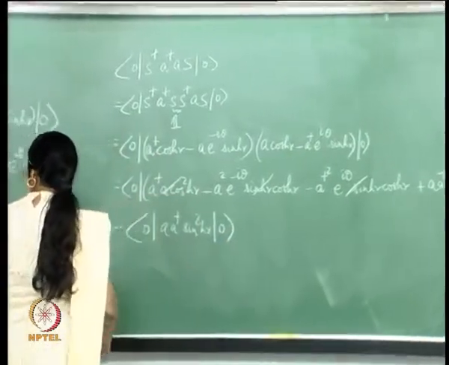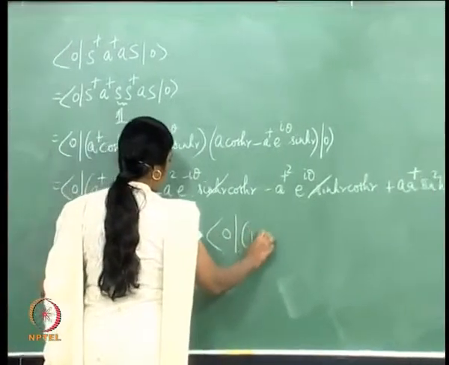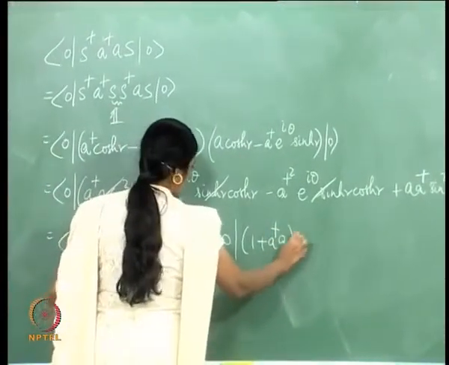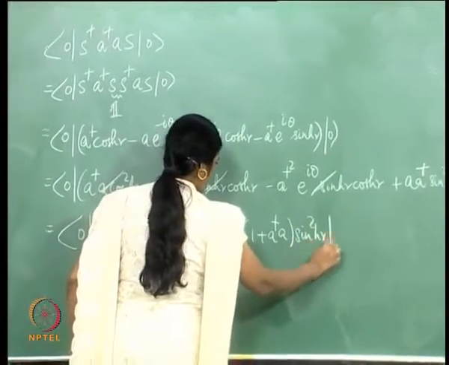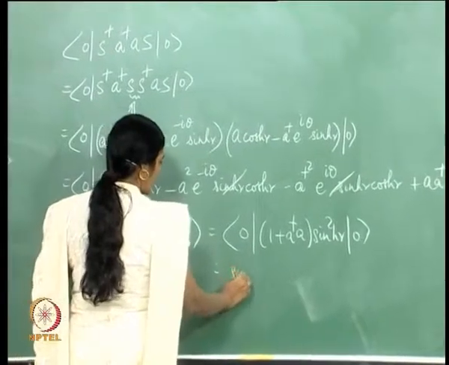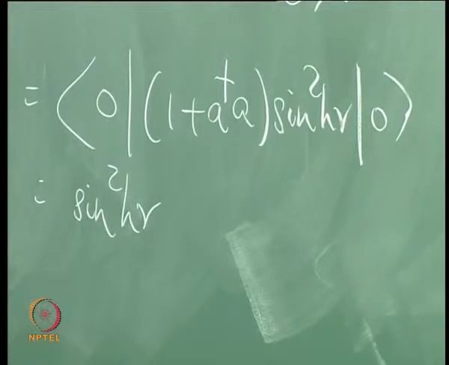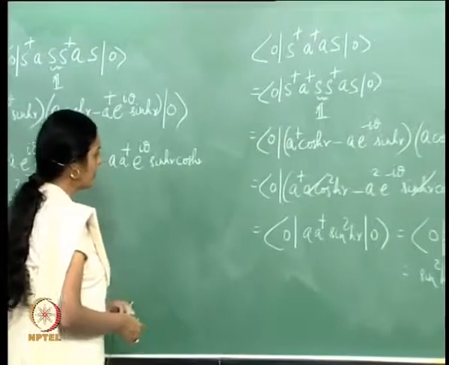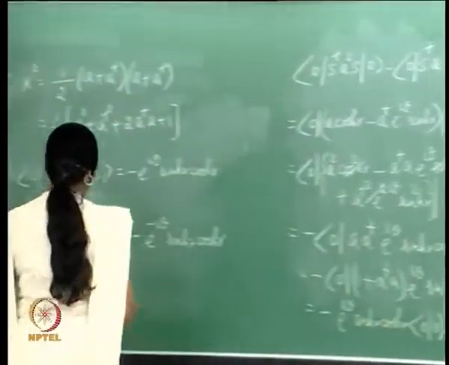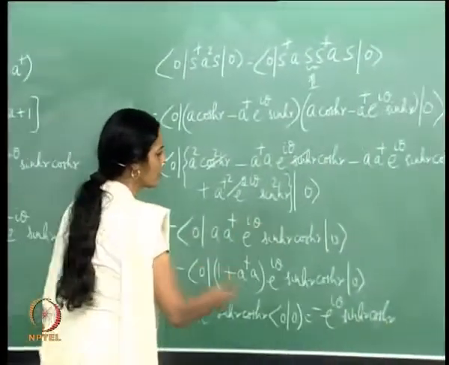As before, I can work it out, and this object is simply ⟨0|(1 + A†A) sinh² r|0⟩, and while A†A does not contribute, the 1 does, and I get sinh² r. So this is all that I have here. So I have various terms which I have put down. This object is simply sinh² r.